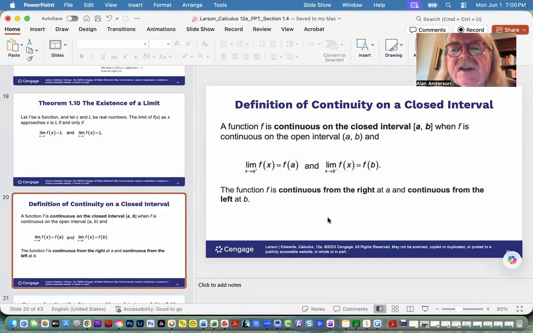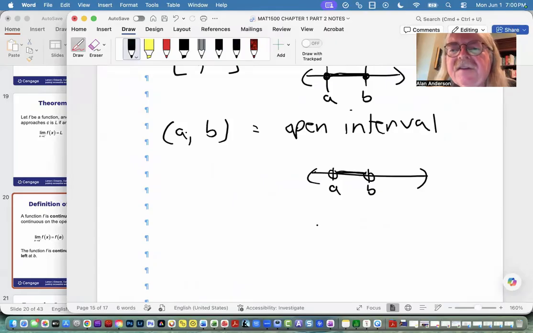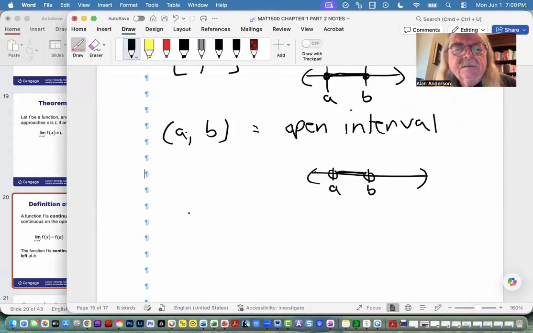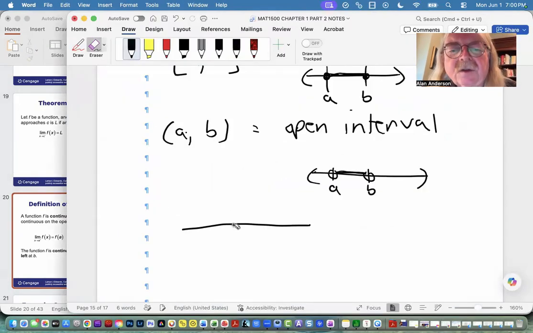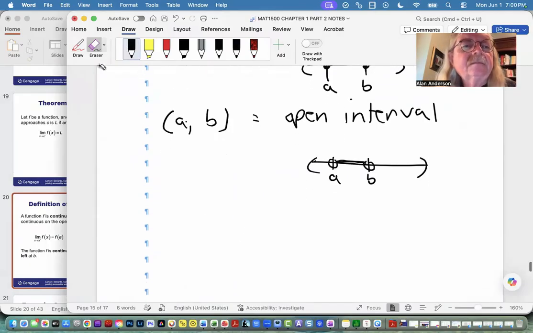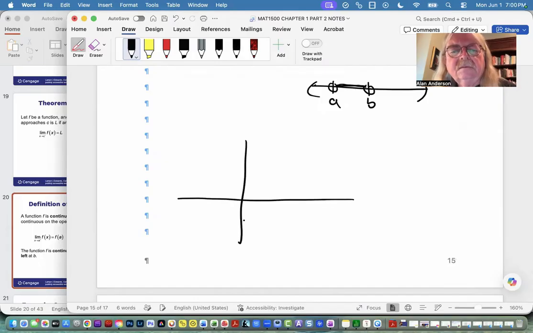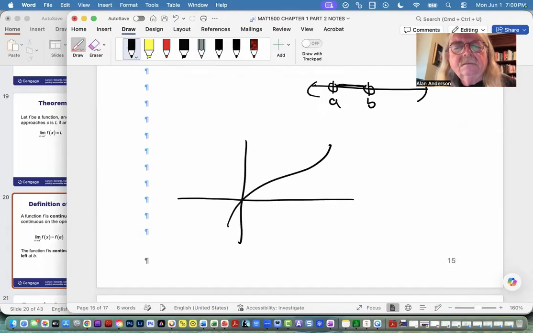So here, what they're saying is that f is continuous over the closed interval [a, b] if, let's say, I'll see if I can draw a little picture of this. All right, so those are the two endpoints.